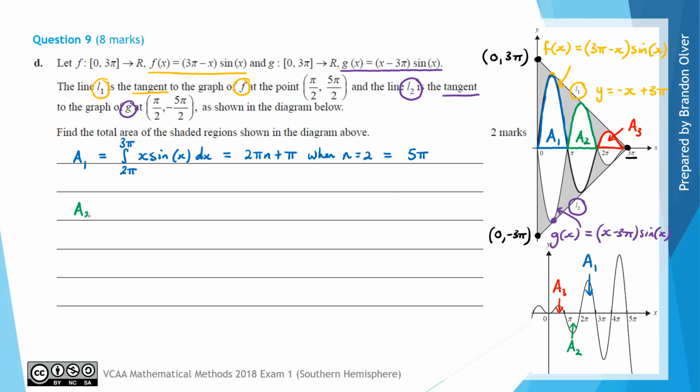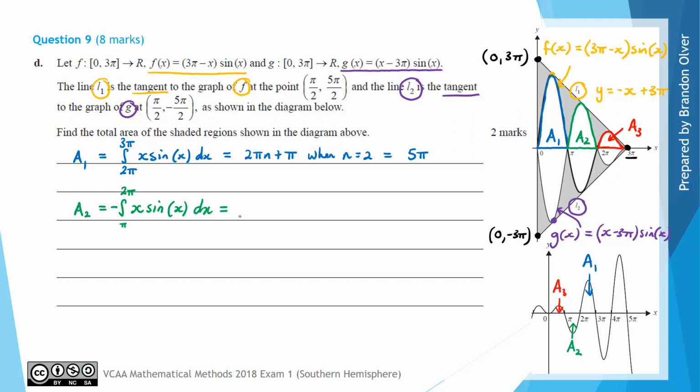Next, we're going to consider the area A2, which was in green. And that area on the simplified graph of just x sine of x would be equal to the integral between pi and 2 pi. But because it's below the x-axis, we're going to put a negative out the front to make this value positive. And then inside that integral, we're going to have x sine of x dx.